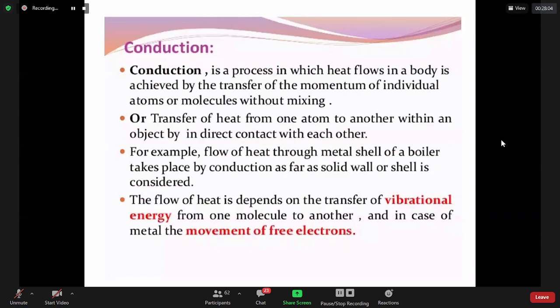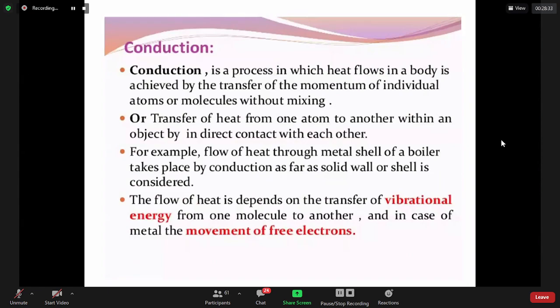So if there is a solid, the atoms are coupled together, so because of the vibration of one atom, the other atom is also affected. It will start vibrating, and that is the process in which transfer of heat is effected in solids. For example, the flow of heat through the metal shell of a boiler takes place by conduction as far as the solid wall or shell is considered.